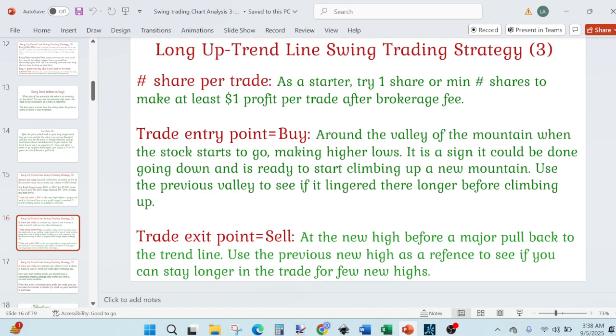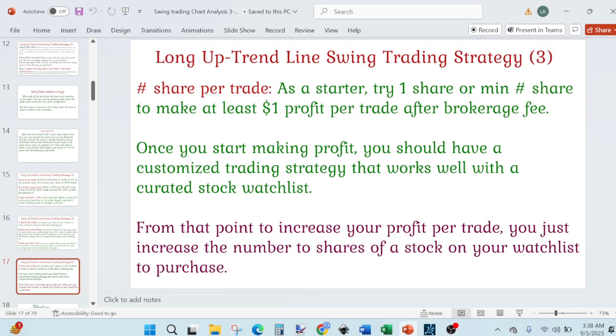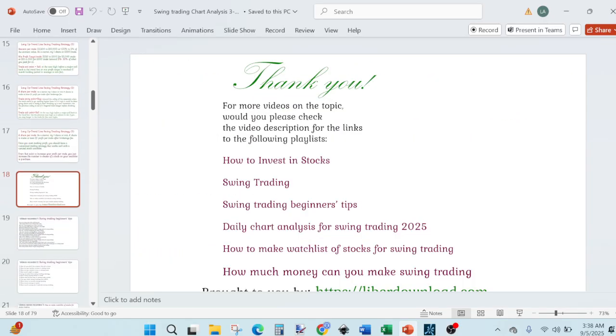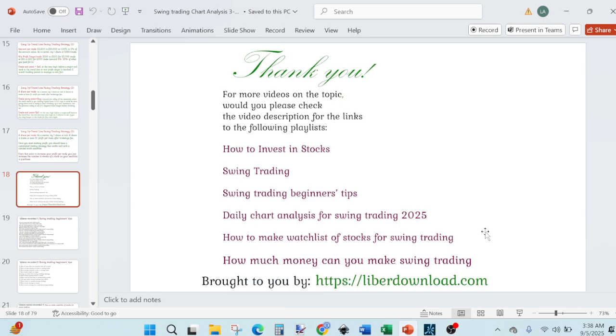And swing trading is one way to make money. Just start small. Once you can verify that the strategy you are using is working, is making you profit, even if it's just one share at a time you are buying, which I will recommend as well, one share at a time.